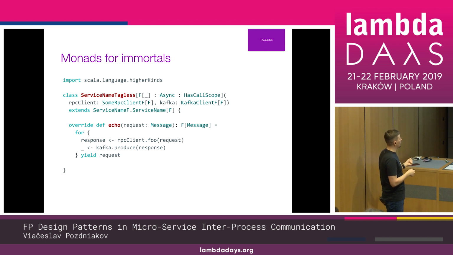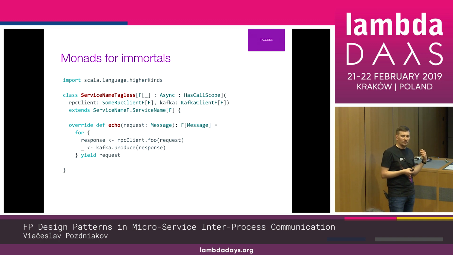And for that code to work, we actually have to provide additional libraries, for example an RPC client which supports these F thingies, or for example a Kafka producer. And we have a lot of people writing code in this style.